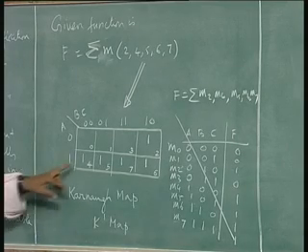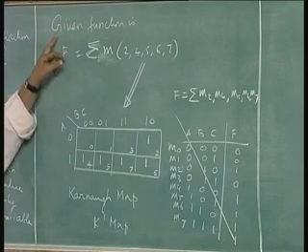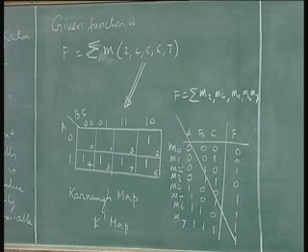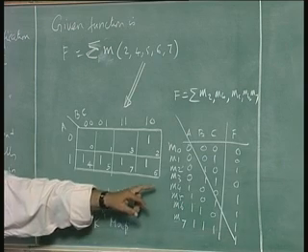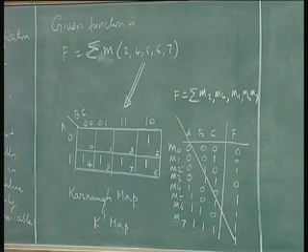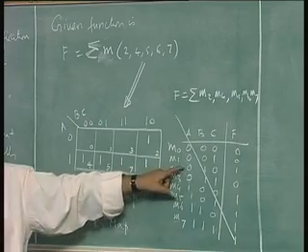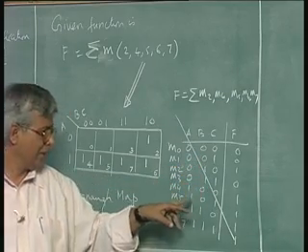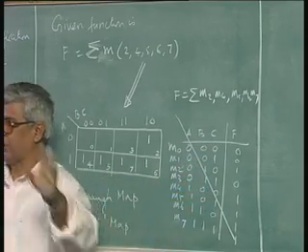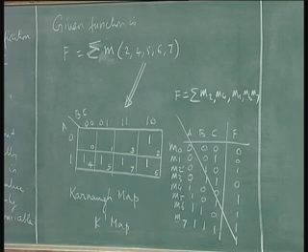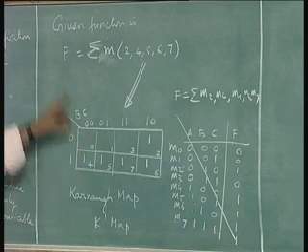So, this is the K map of the function given as this, which can also be expressed as a sum of products as A bar B C bar plus A B bar C bar plus the 5 terms we wrote yesterday. Do you understand what I am saying? So, this is the Karnaugh map and this is the function.